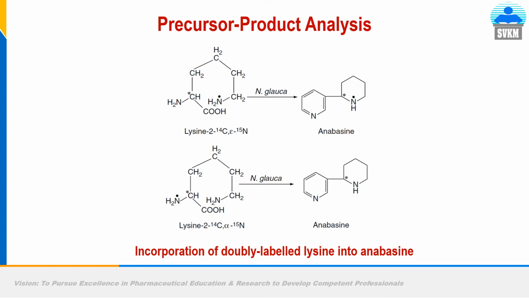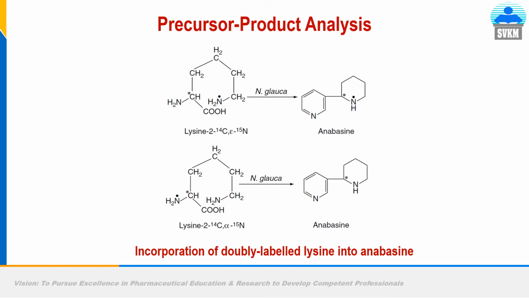It means the compound which is supposed to convert into the product or the secondary metabolite. Based on the structure of the final secondary metabolite of interest, we decide which type of precursor is most suitable for the biosynthesis. So we study precursor, product and the intermediate.